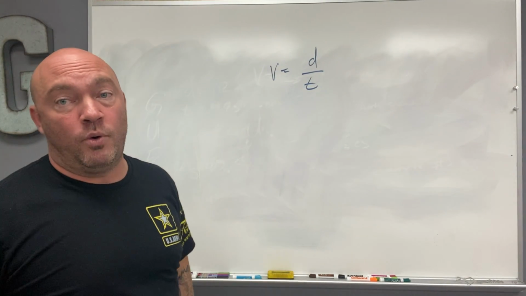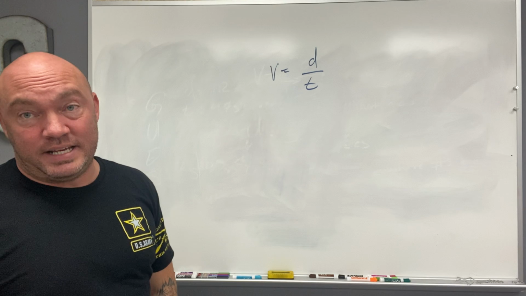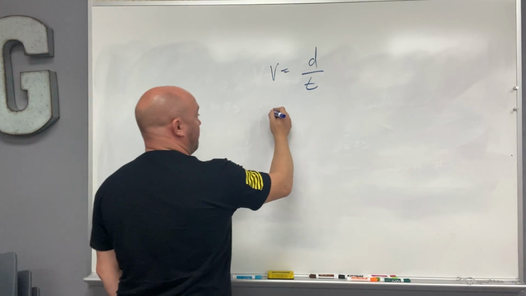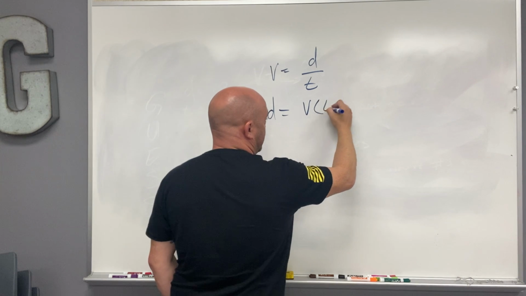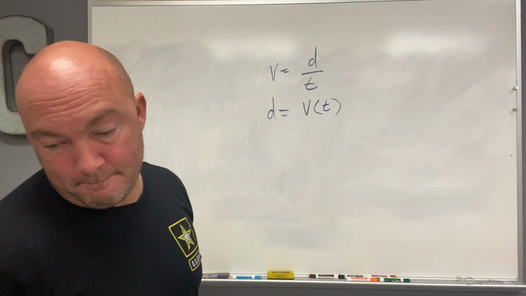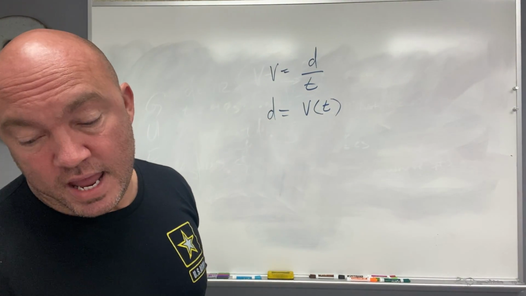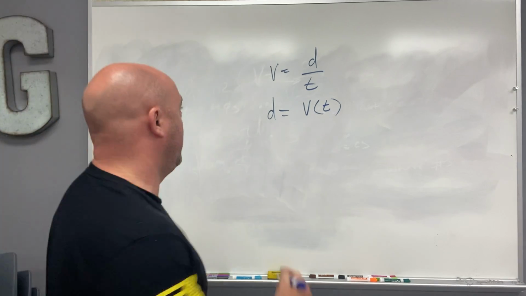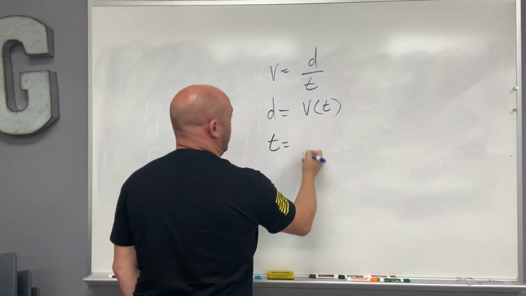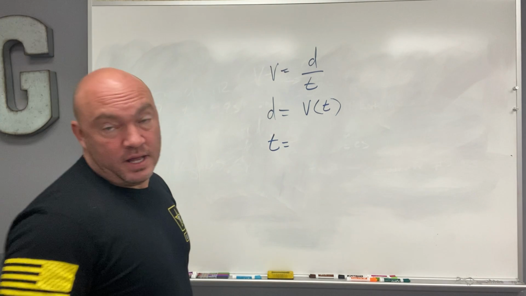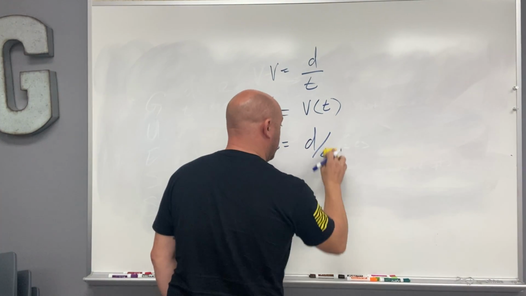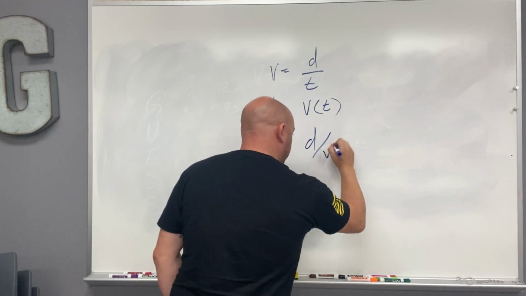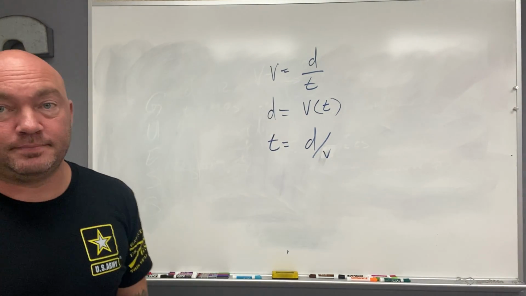Now, if I'm looking for distance, which is D, that formula is D is equal to velocity times time, okay? If I'm looking for just time, time is equal to distance divided by velocity, okay?